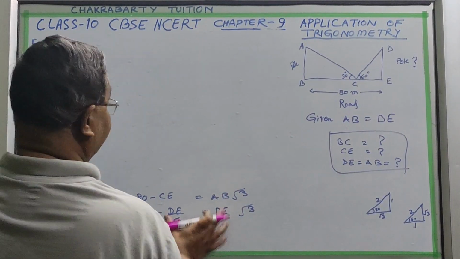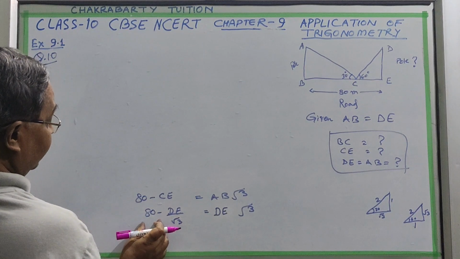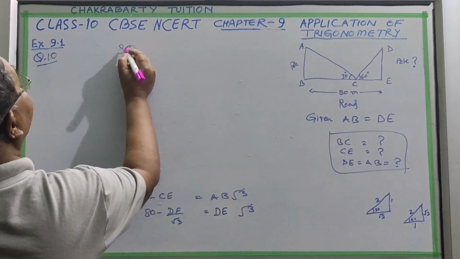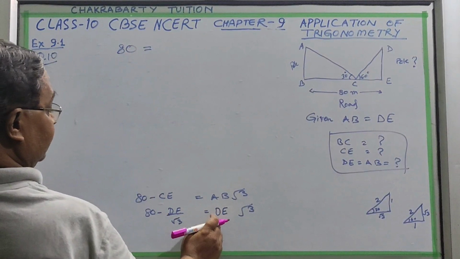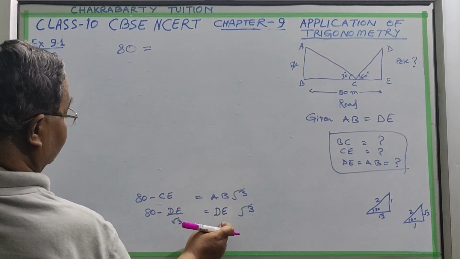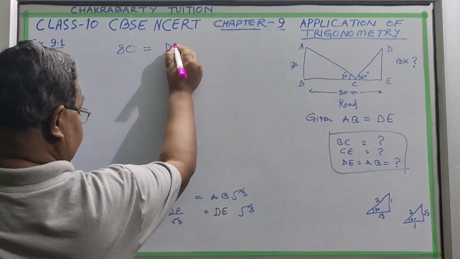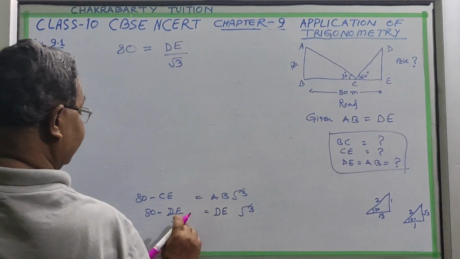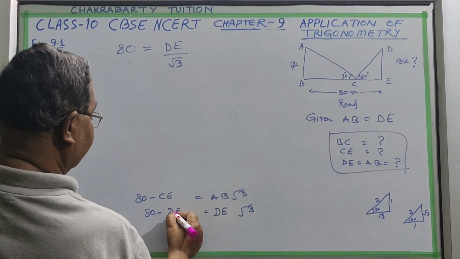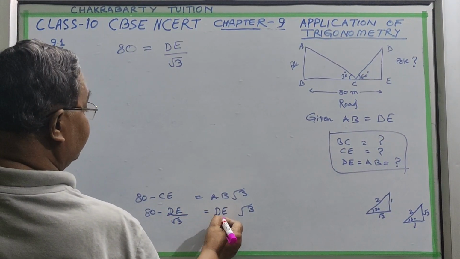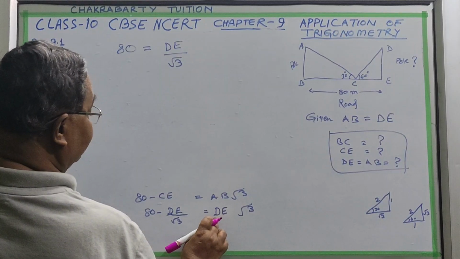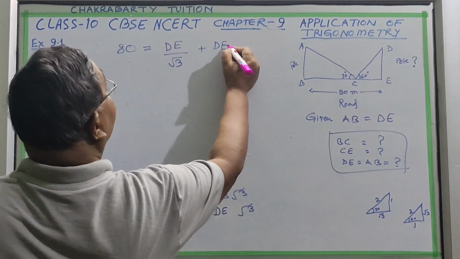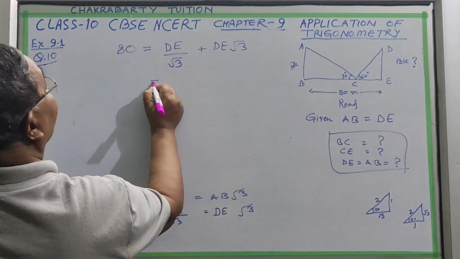We are keeping 80 on one side and other things on the other side. So 80 is equal to D, the minus sign will go there as a plus sign. D upon under root 3 plus D under root 3.